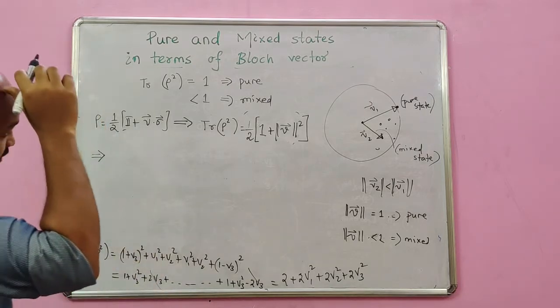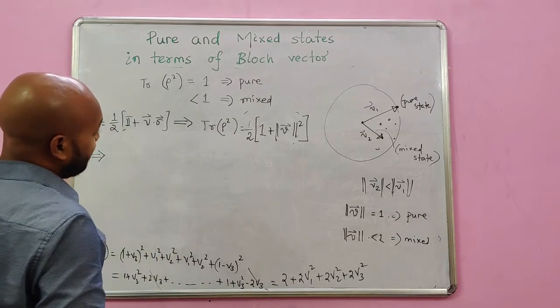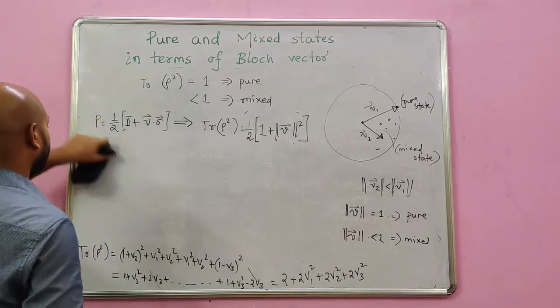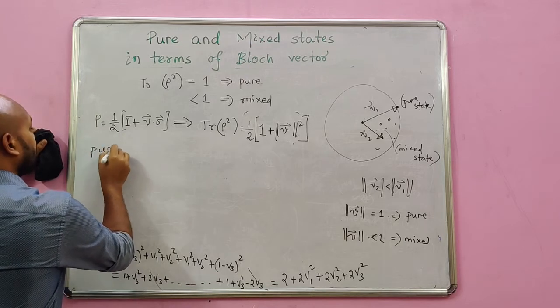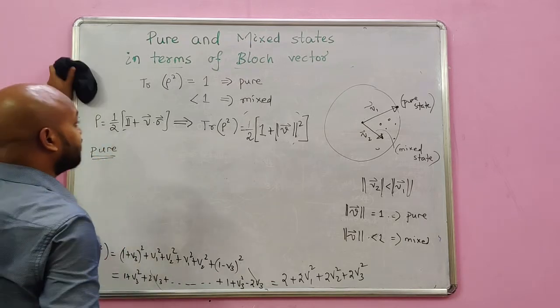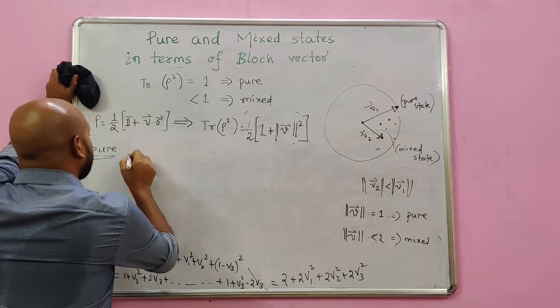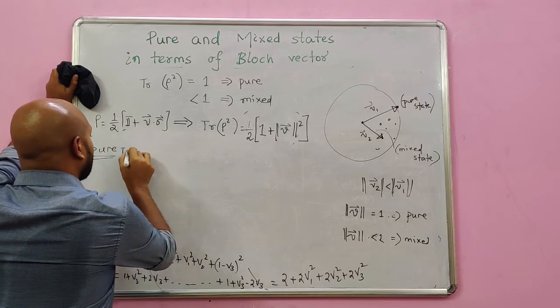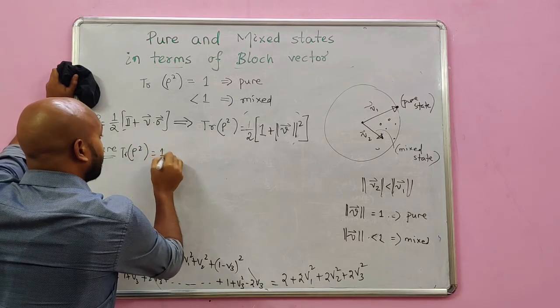This implies then, if it is a pure state, we know that the trace of rho square equals 1.